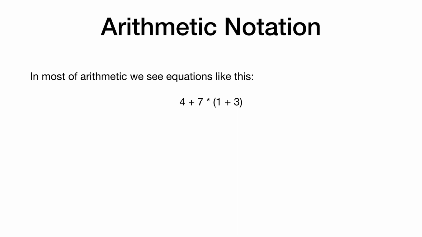So we add the 1 and the 3 to get 4, multiply that by 7 to get 28, and then add 4. So we know, given this expression, that it evaluates to 32, right? If I asked somebody in middle school, they would know how to evaluate that. But we can go beyond that.